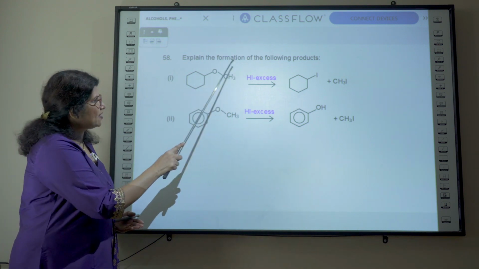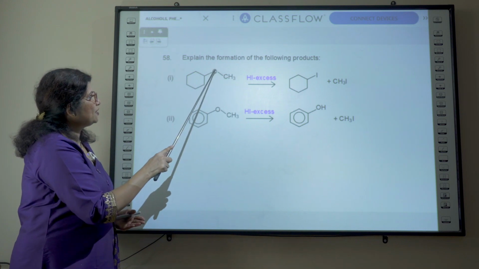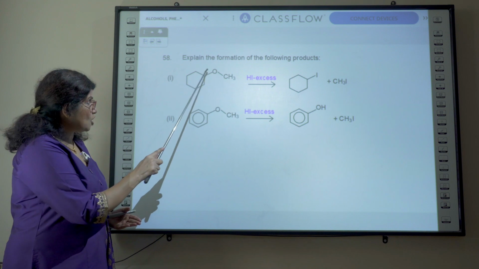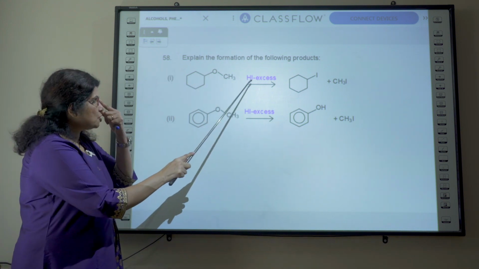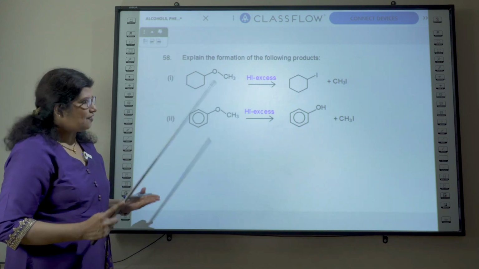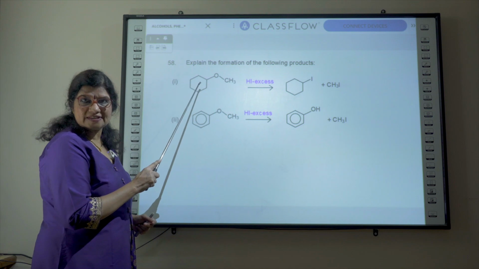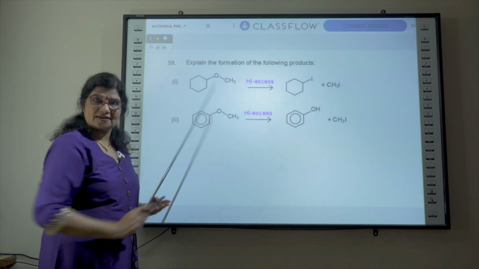The iodide ion will get attached to the less bulky alkyl group, and the hydrogen will get bonded to the oxygen attached to the more bulky alkyl group. But since you have hydrogen iodide in excess, finally the OH attached to this cyclohexyl ring will also be replaced by iodide to give you this product.